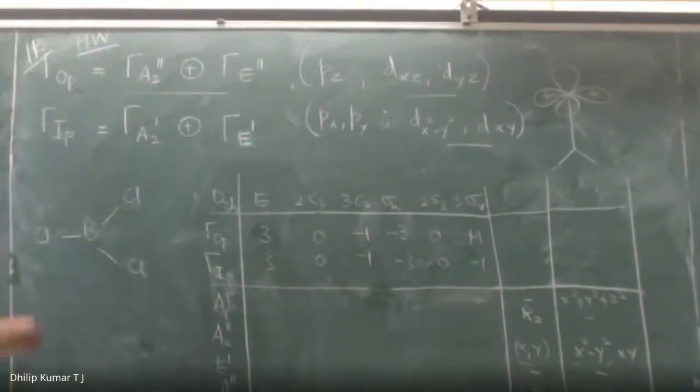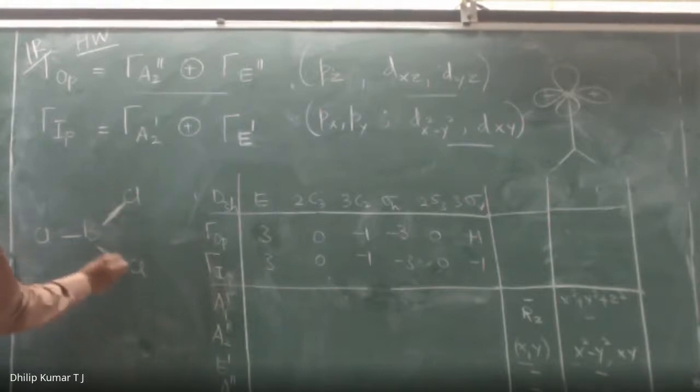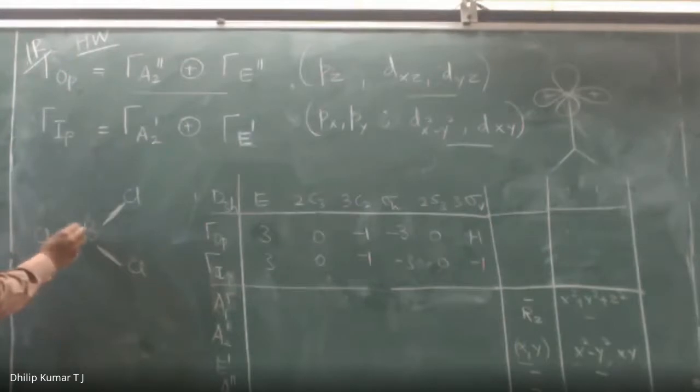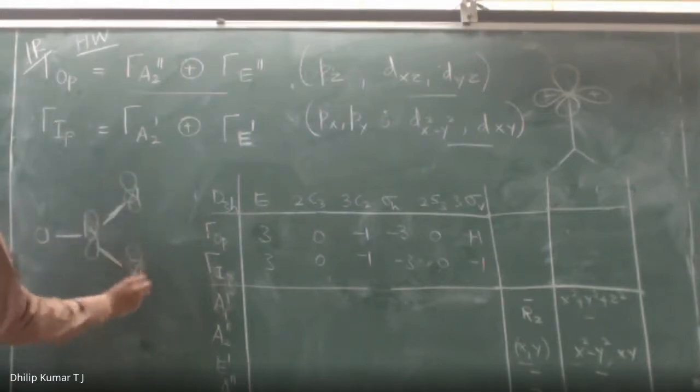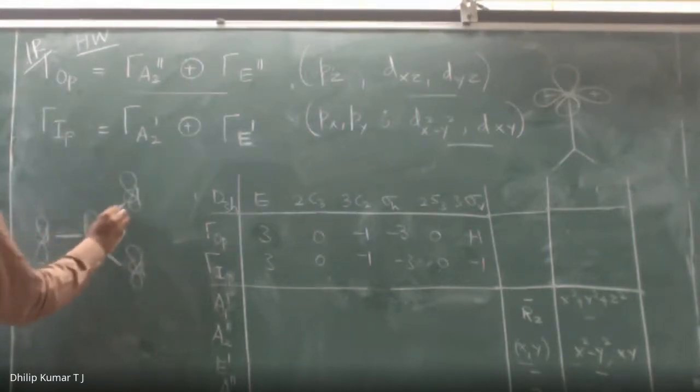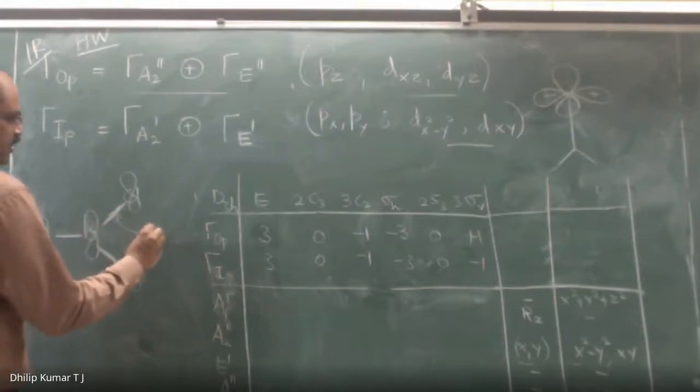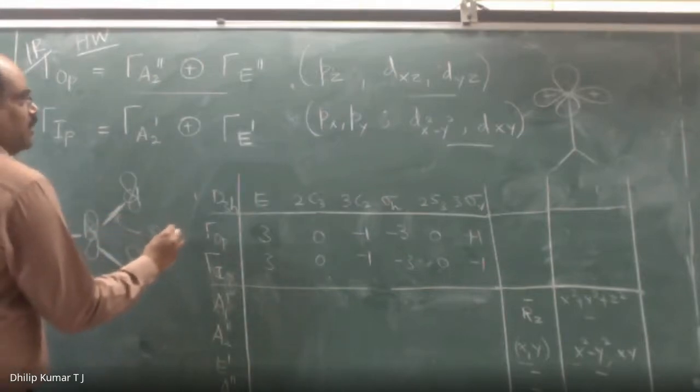So in this molecule, you have in plane orbitals, and you also have out of plane orbitals. So boron has an unfilled orbital. So basically this bond is made up of S and Px Py.